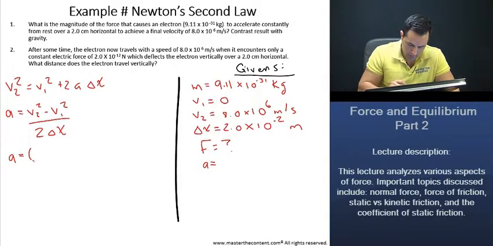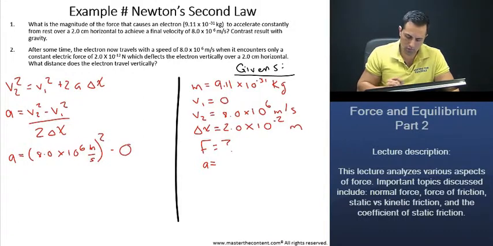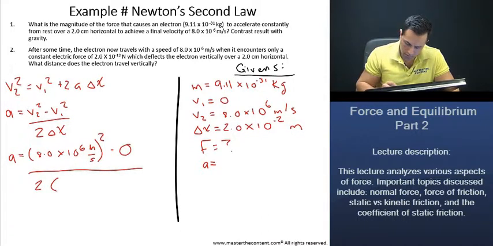Now, what was our final velocity? Our final velocity here was 8.0 times 10 to the power of 6 meters per second, and our initial velocity was 0, and our distance traveled here was 2.0 times 10 to the power of negative 2 meters.